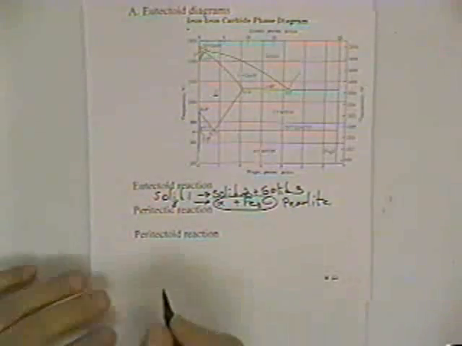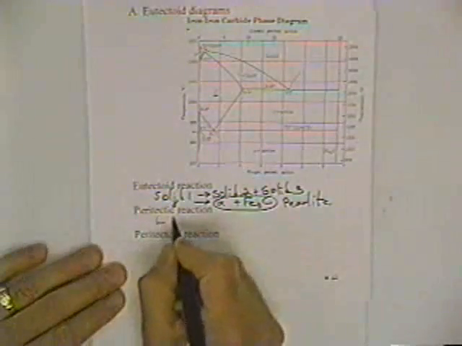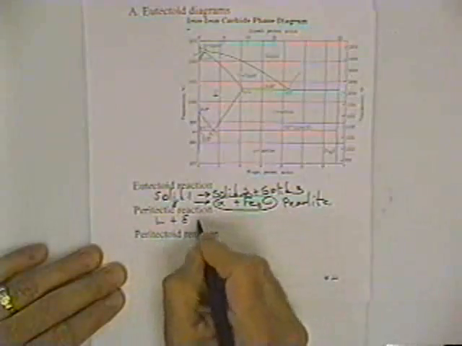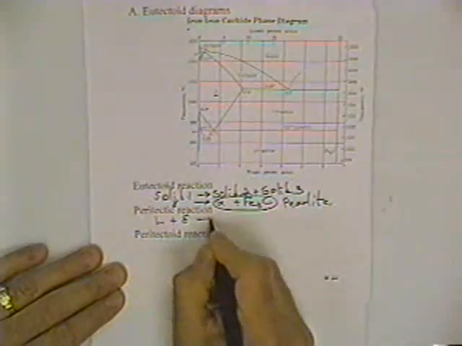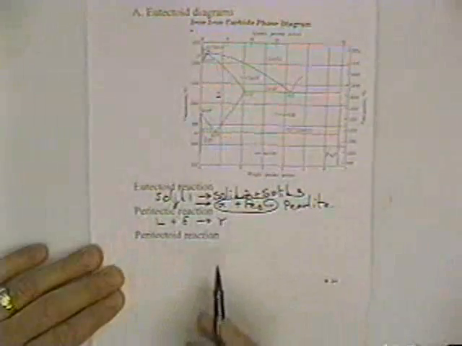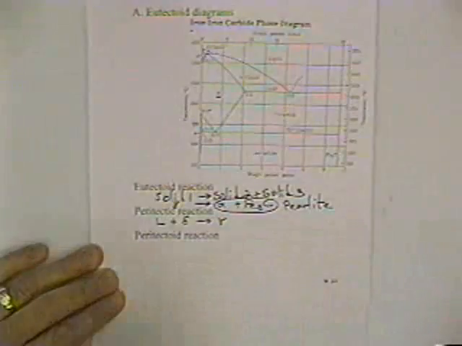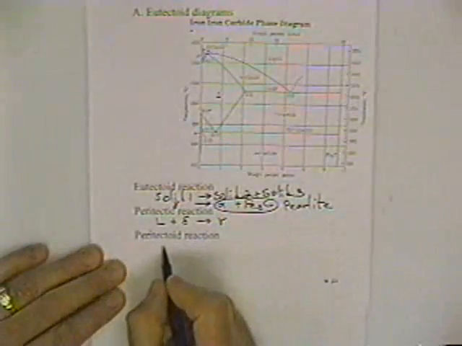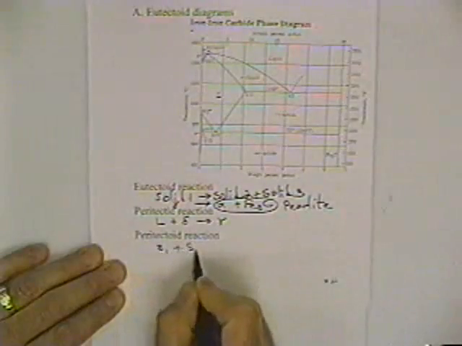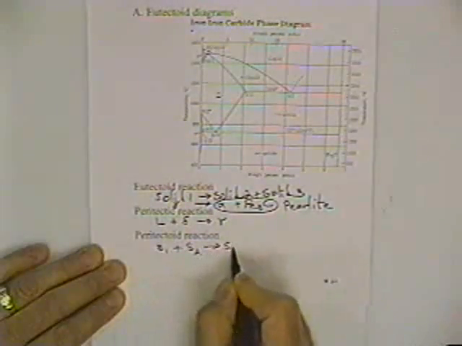One is called a peritectic reaction, an example of which is up here, and that has a liquid, in the case of the iron carbide diagram, plus a phase called delta, which is a high temperature form of iron, forming gamma or austenite. So that reaction would be up here. The peritectoid reaction is the inverse of the eutectoid reaction, and it has a solid 1 plus solid 2 going to solid 3. And there's no example of a peritectoid reaction in the iron carbon system.